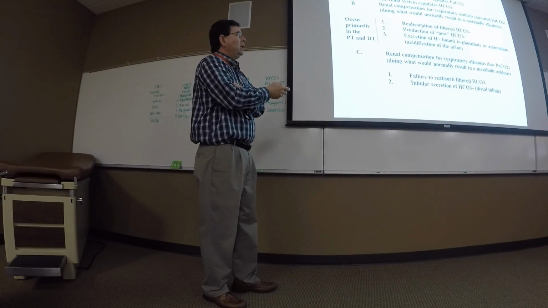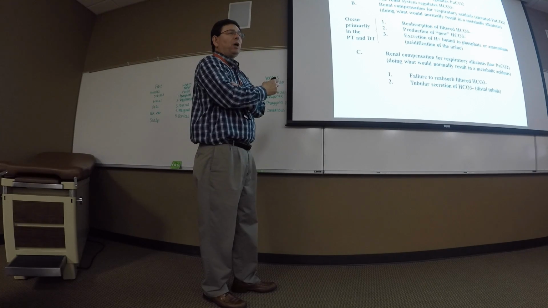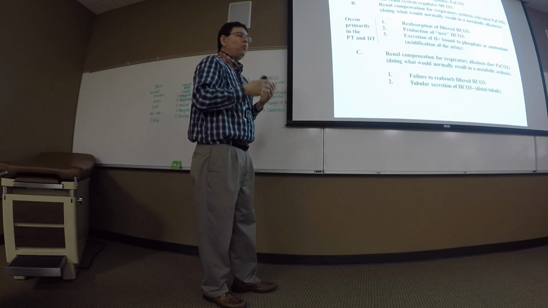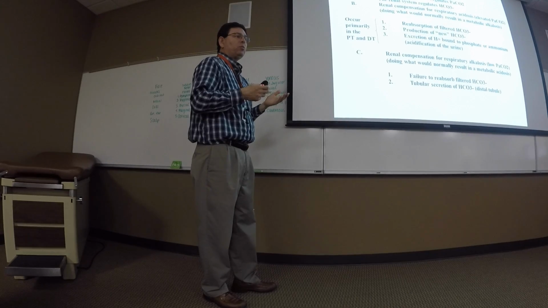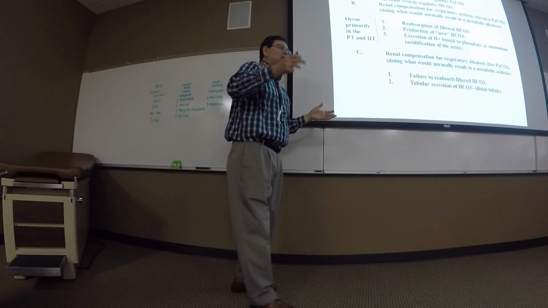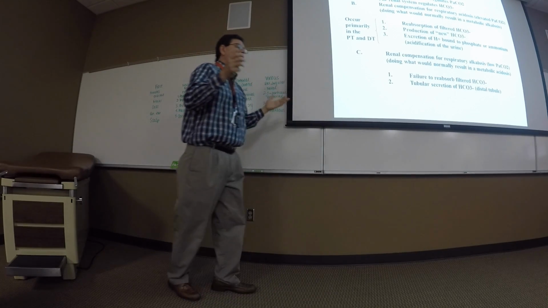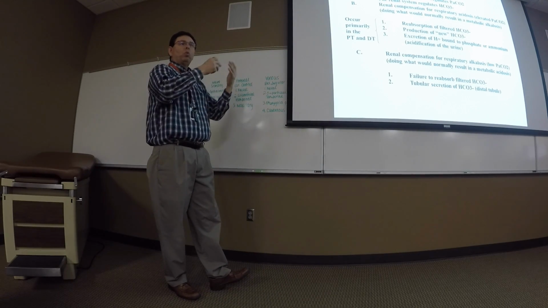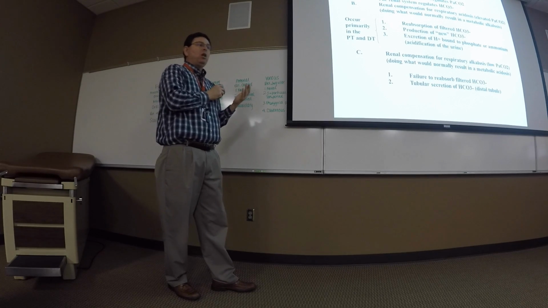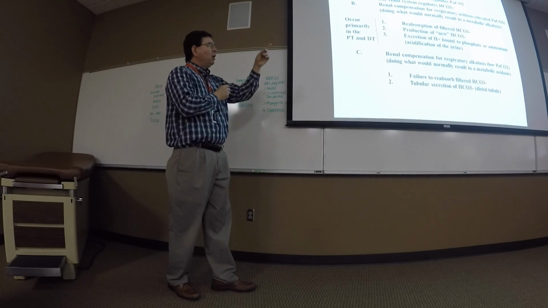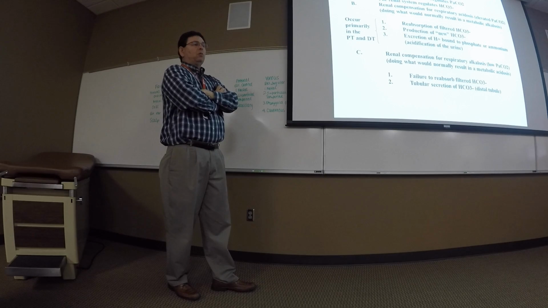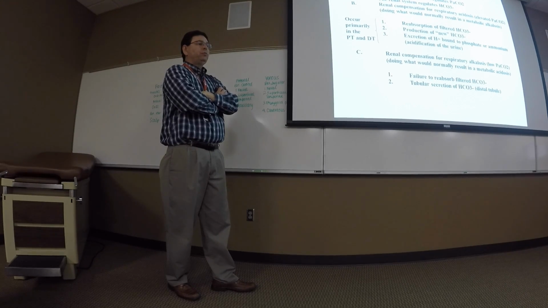Number one, you'll want to reabsorb your filtered bicarb. We talked about there being so many things that are freely filterable: glucose, alanine, lactate, water-soluble vitamins. There's so many of these good molecules, so what does the kidney do? It reabsorbs those good molecules and puts them back into the bloodstream. Well, bicarbonate is freely filterable.